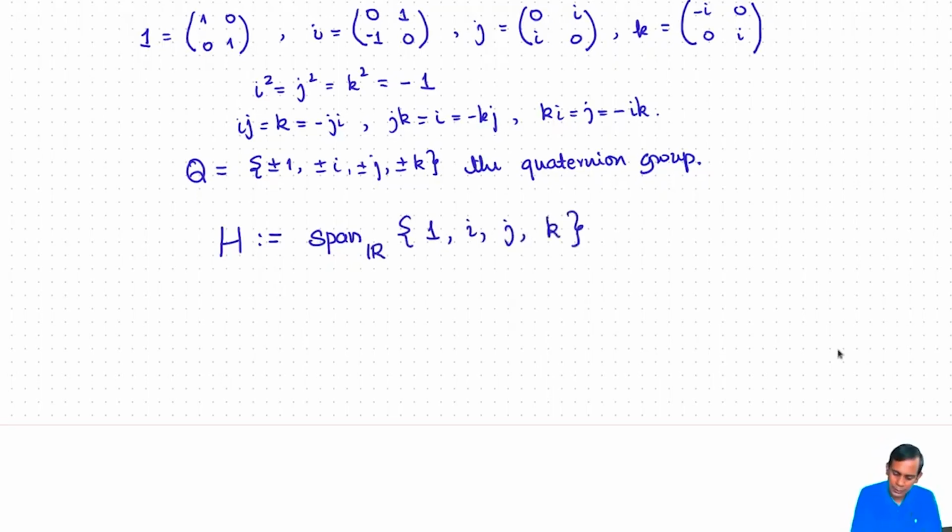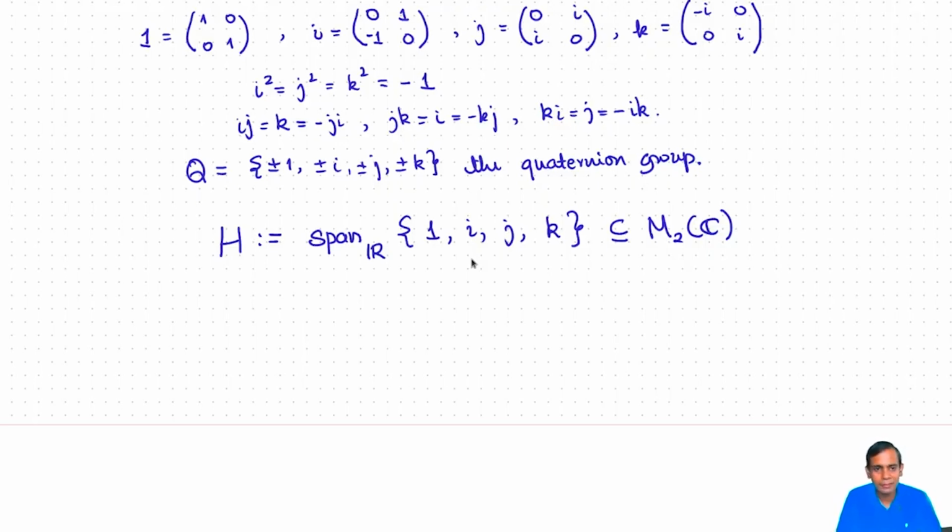So what does this mean? These 4 elements can be thought of as vectors in the vector space M2C of 2 by 2 complex matrices. Now this is a 4-dimensional vector space over the complex numbers, and therefore an 8-dimensional vector space over the real numbers. And H is a 4-dimensional subspace of that 8-dimensional vector space, spanned by these 4 obviously linearly independent vectors.